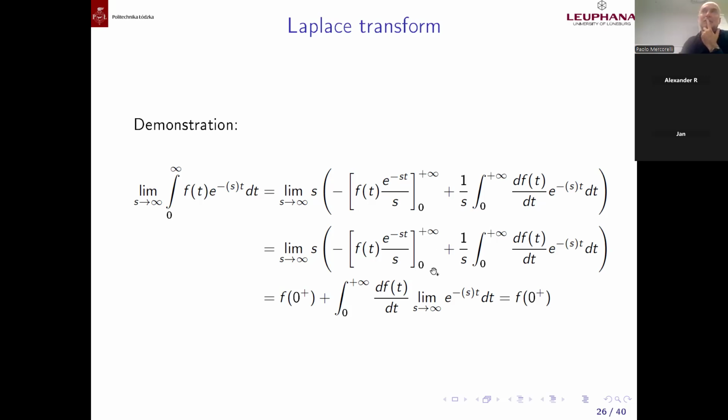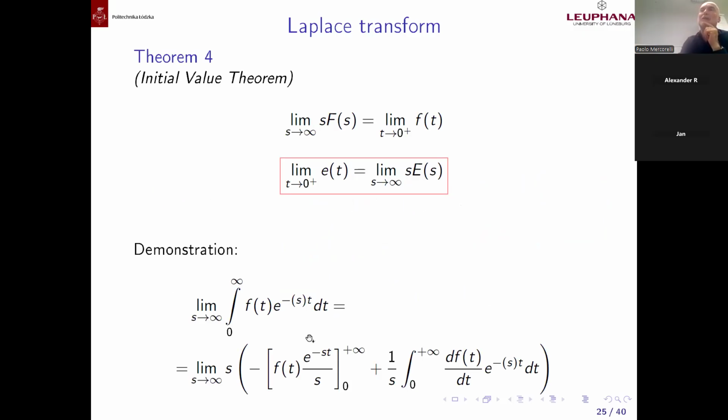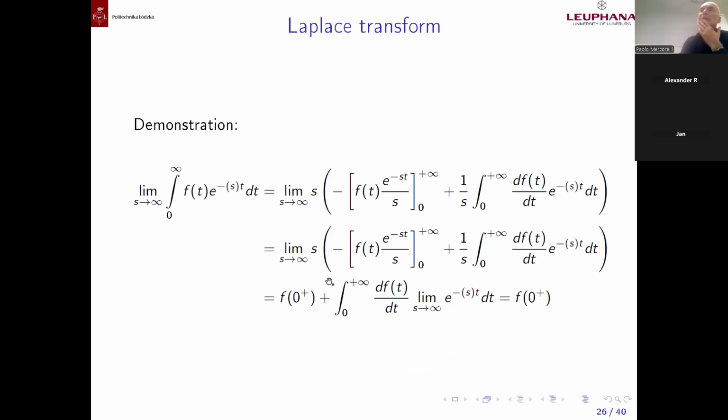Because, as I told you, the interval is on the right part of 0. At minus infinite it's 0, but at 0 it is exactly f at 0 on the right part, because we are on the right part. Minus is plus, therefore we have it here. But please don't forget that I forgot s here. It's the same expression, just a repetition, as I told you, to have everything in one slide.